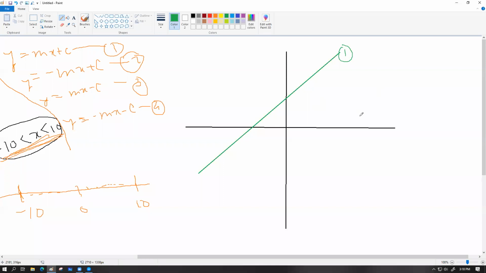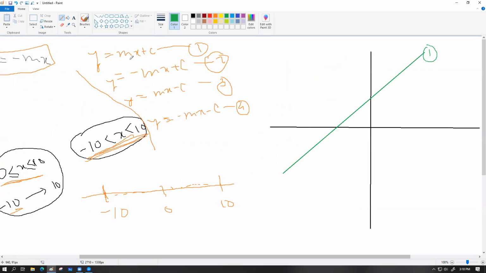Sir, can you repeat what you said? Which part? About the gradient? Oh, the gradient part is that the gradient in this case, I'm trying to represent m as a positive number. Having a positive number means that your line will look like this, or like this, or like this.